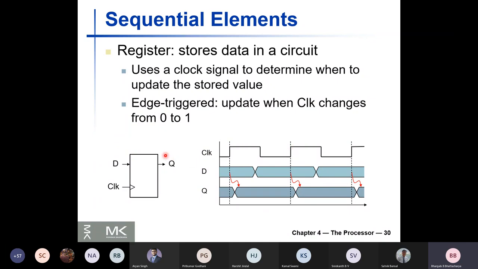So in other words, forgetting about this timing diagram, this output becomes transparent to the input only when the clock experiences this edge trigger from 0 to 1. All other times, this output will hold the previous value. You follow me?